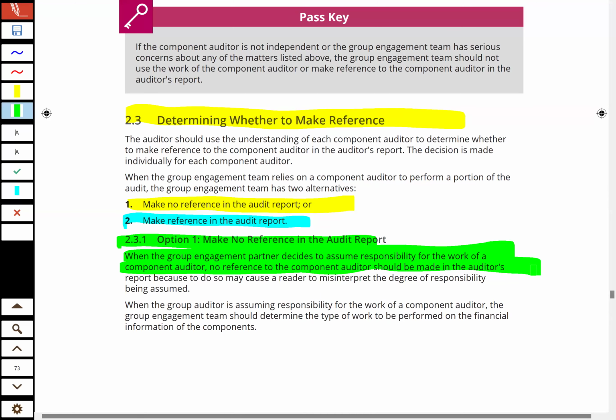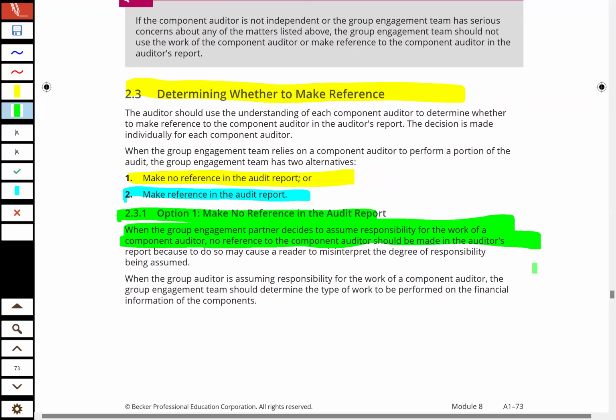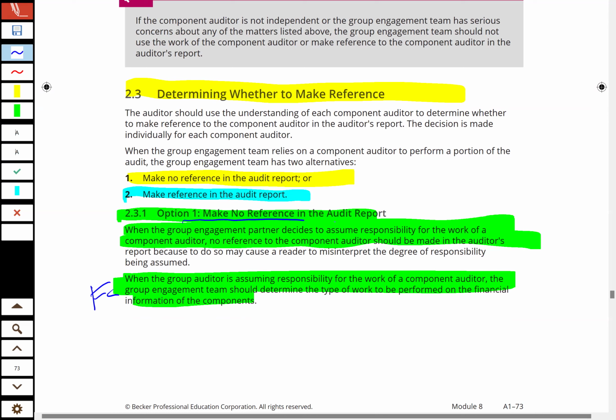In that case, the group auditor determines the type of work to be performed on the financial statements by those component auditors. They're really your staff then, and you direct their work. So flashcard that: when you do not refer, no reference is made, you assume responsibility.